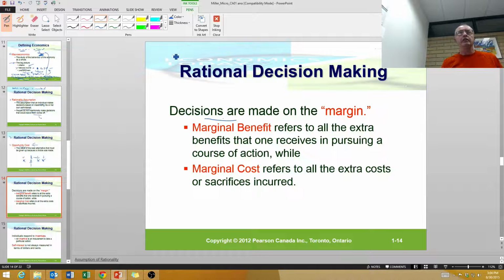So I have to explain something here. In economics, this is a key point of economics. In economics, the word marginal, sorry, spelling mistake there, means incremental.